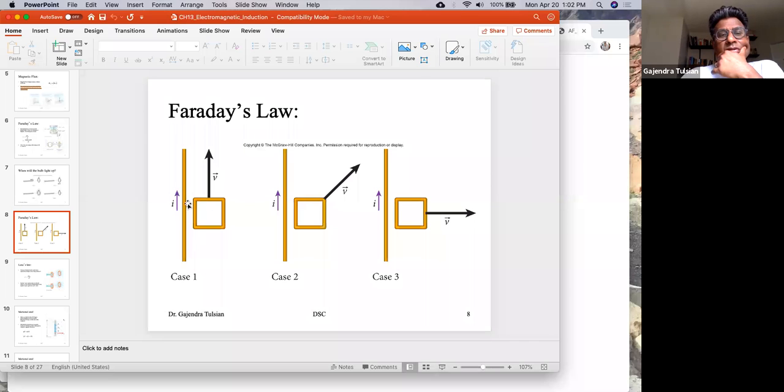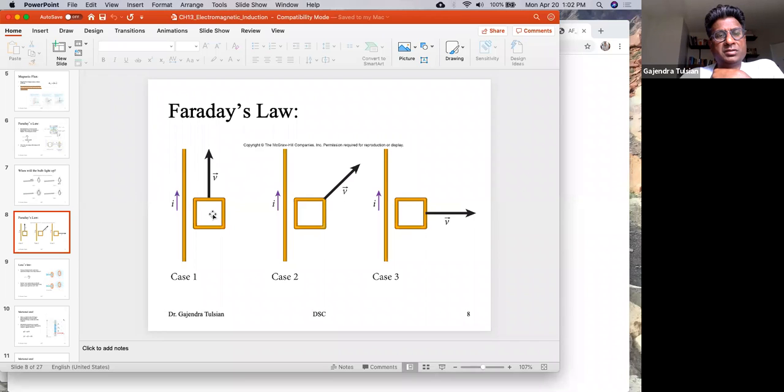Here's another case. What this is showing you is a current, and this current produces a magnetic field. So the field is going into the sheet of paper here and coming out of the sheet of paper here.